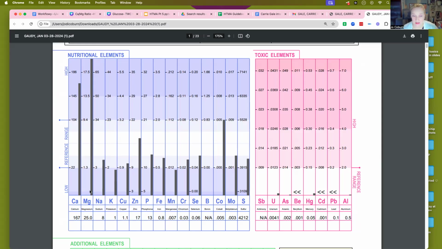And this person doesn't get blood work. She won't go to the doctor, so I can't compare it to what her labs say. But the body is going to hold calcium in the blood in a tighter ratio, so you're never going to see the huge skewing that you would see on an HTMA.